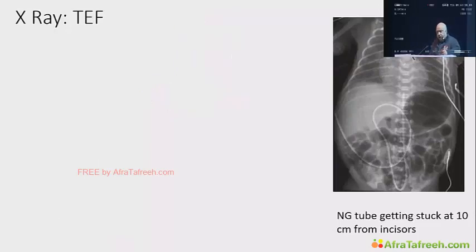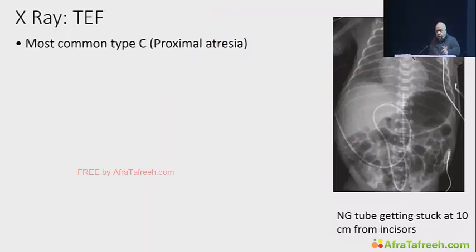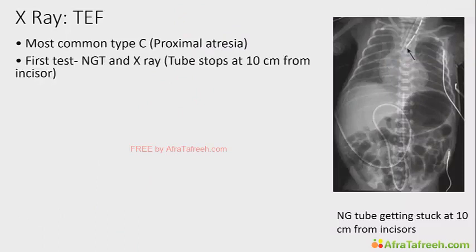What are the salient points you need to know? Most common type is type C, where there is proximal atresia, distal fistula. This you have to know. Second point, the first investigation: insert a radio-opaque tube and take an X-ray, which you can see here. The tube ends up here or gets coiled up here. This distance is 10 centimeter from the incisors. This is a very old MCQ, almost 20 years old, in All India.